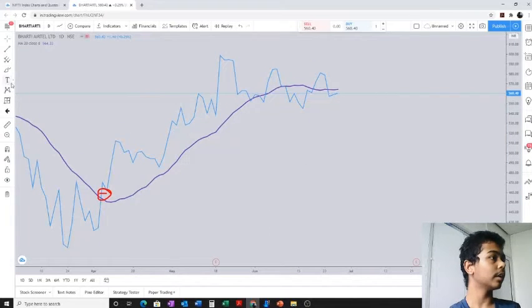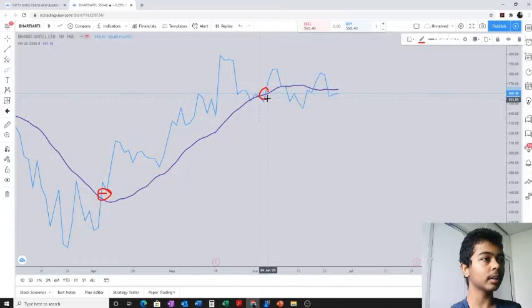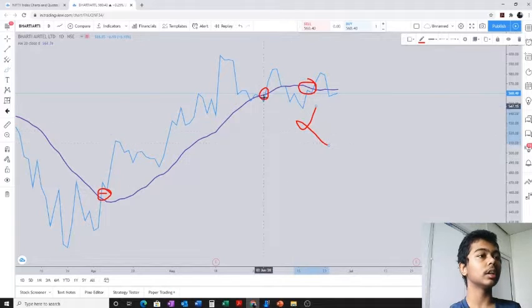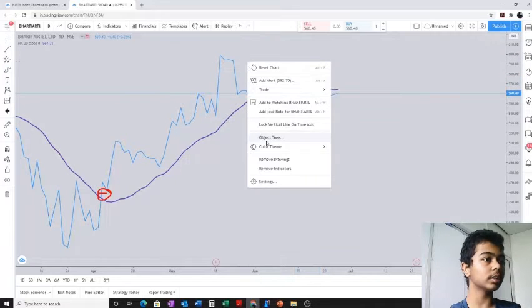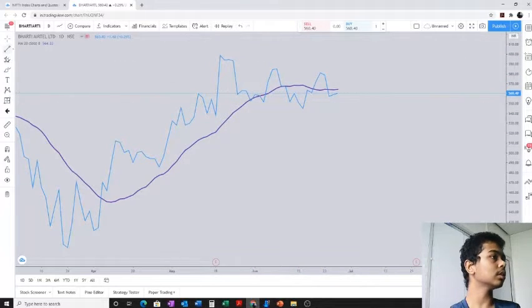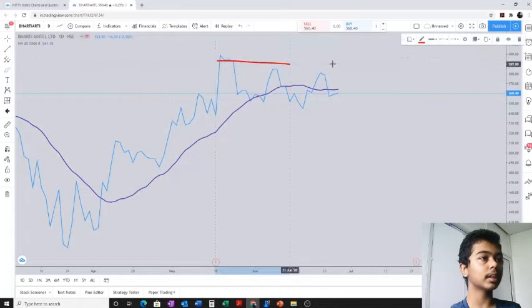As you can see over here, if you would have bought it over here again or over here, but let me tell you, you should not buy over here, even though this has crossed below. Let's understand why we shouldn't take the trade here. The market over here is sideways.